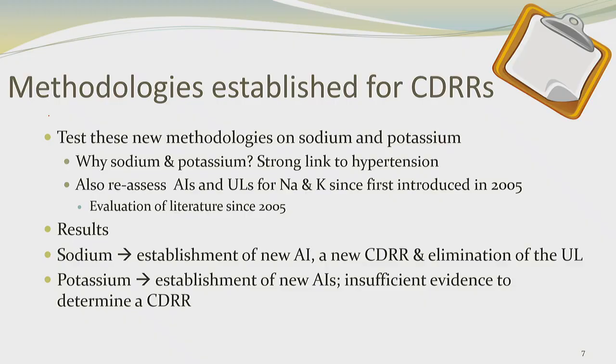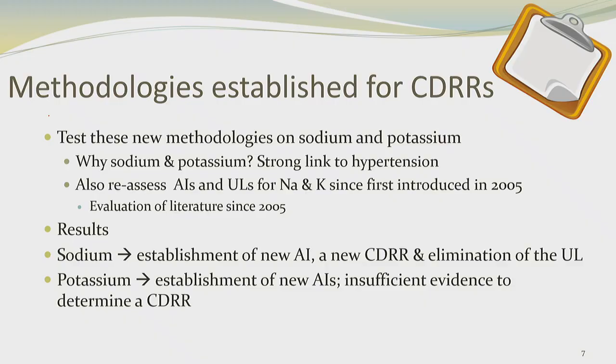They also decided to reassess adequate intakes and upper tolerable intake levels for sodium and potassium. The results of the new literature reviews yielded a new AI for sodium as well as a CDRR. But with the establishment of a CDRR, it no longer became important for us to have a UL for sodium, so that was taken out.